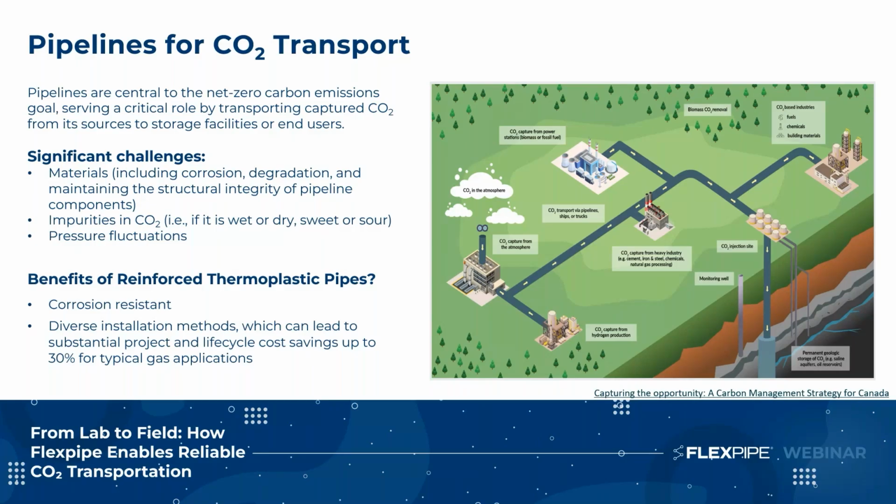That's why it's crucial to understand the permeation rates of CO₂ in its different phases when using RTPs for CO₂ transport applications. Also, it is essential to evaluate the resistance of the polymer materials used in the RTP structure to ensure they can withstand rapid gas depressurization events.